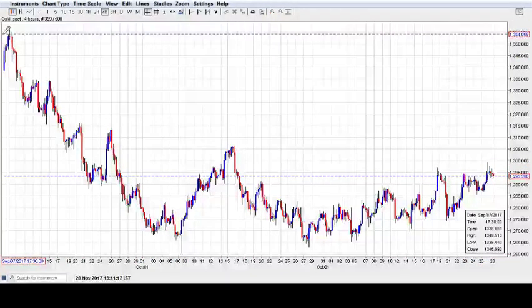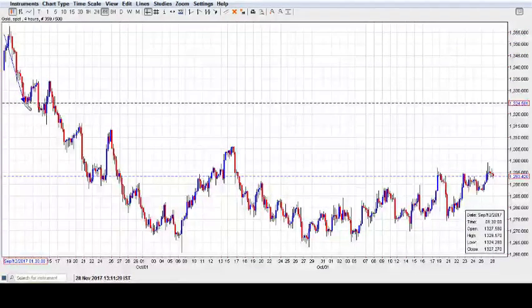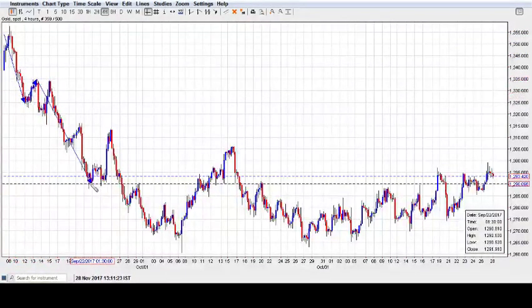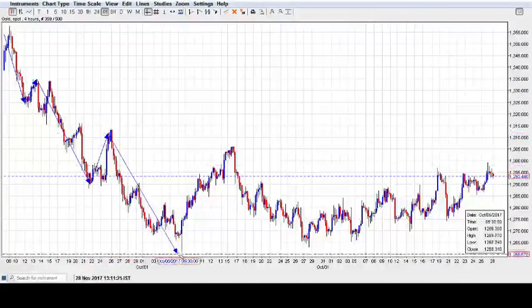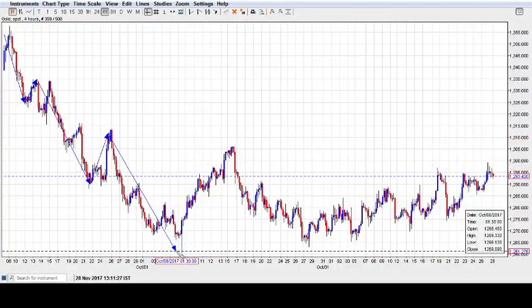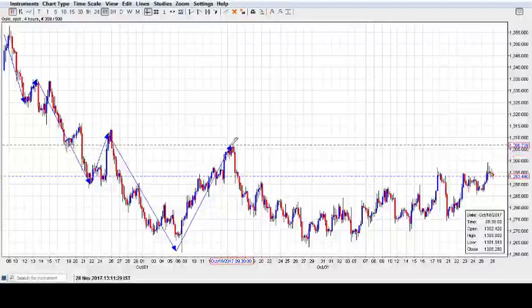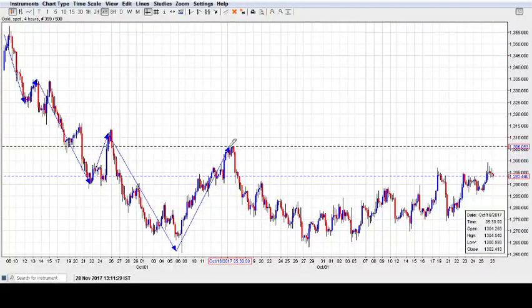Okay, let's understand the wave counts for those who are just joining. Point number one, we have an impulse down already. We are just waiting for a corrective rally to terminate, maybe as a flat or maybe as a running flat.